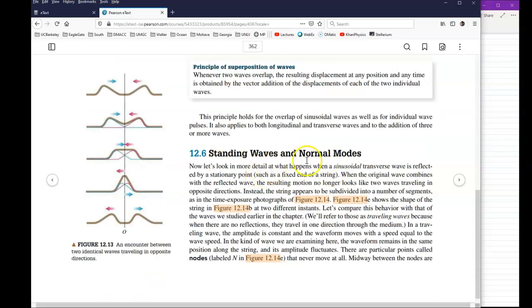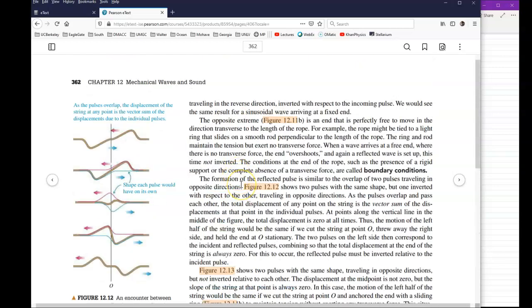Sound intensity right here in normal modes. I'm sorry, I'm in the wrong place. Oh, I'm skipping that section. I beg your pardon. Hold on. We're going to go to, there we go. It's section 12.9, and that's page 373.